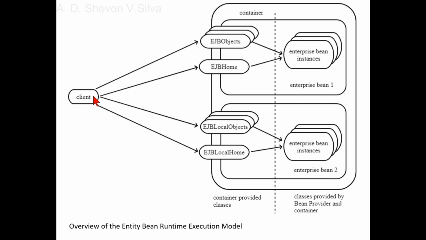Here you can see a client is connected to EJB object and EJB home. Here EJB objects and EJB home interact with the container and enterprise bean here, and EJB objects and EJB home are connected to enterprise bean instances here.